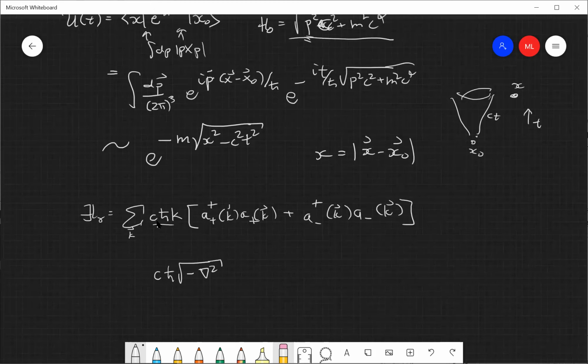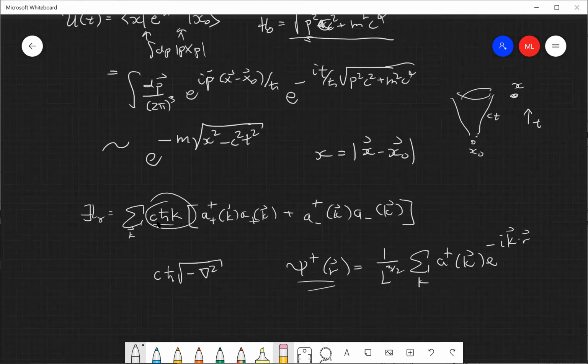So it's not enough to just say, well, I'm going to call my creation operator for a photon at location R just what I usually do, the unitary transformation of the momentum basis guy. You can't do this, because if you try to write down a Hamiltonian using these guys, you'll run into this issue of having to rewrite this guy.